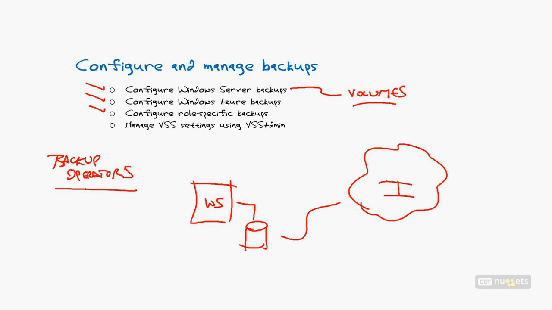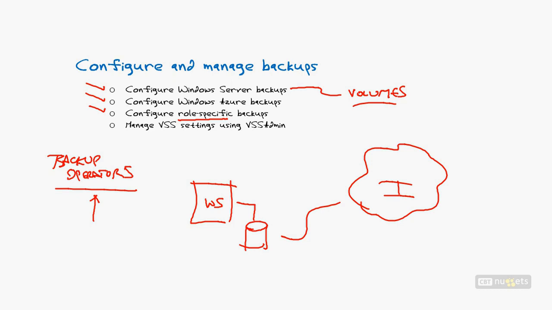But the biggest concern as it relates to configuring role-specific backups is that the default permissions on Backup Operators are perhaps too open, too free. If you really want to lock down who gets access to do what, the Backup Operators group can back up a machine and restore a machine, but they can also shut down a machine, log on locally to it, and access the computer from the network.